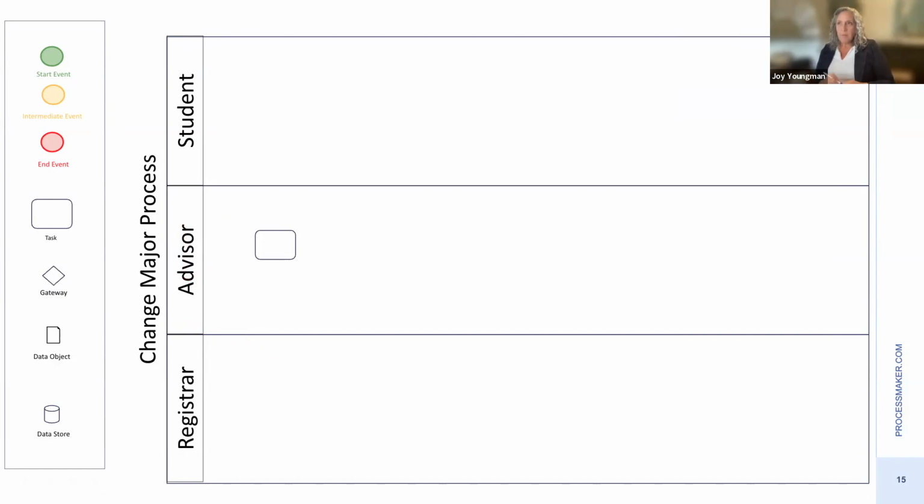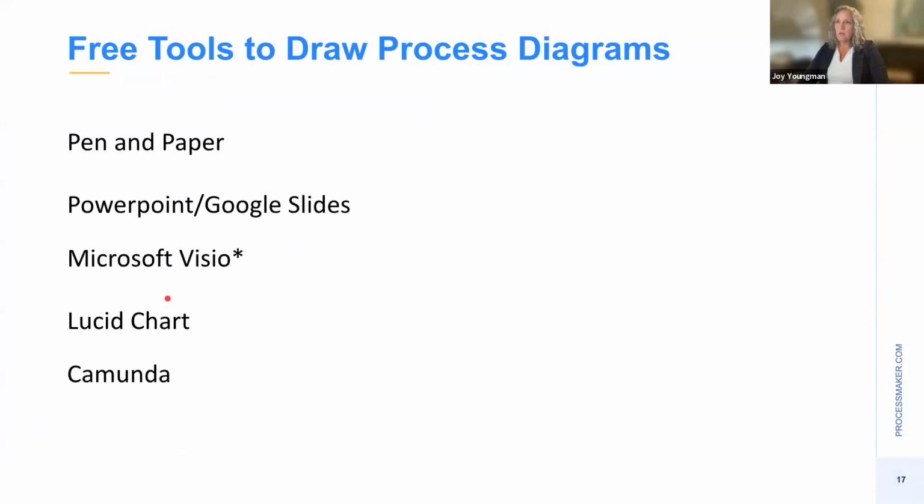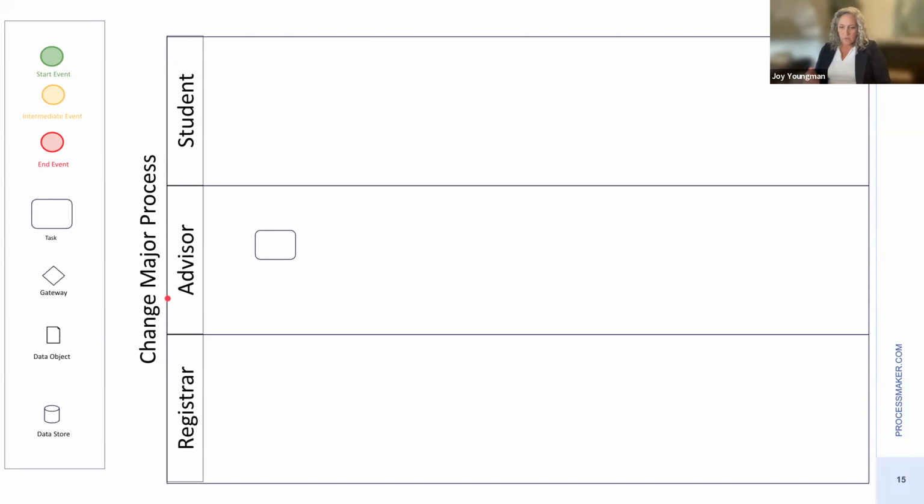So I've got my 3 lanes named by the 3 personas, the people or the systems who would be interacting in this process. All right. So then in my diagram, in the first swim lane for student, I'm going to put a start event, which is a circle.